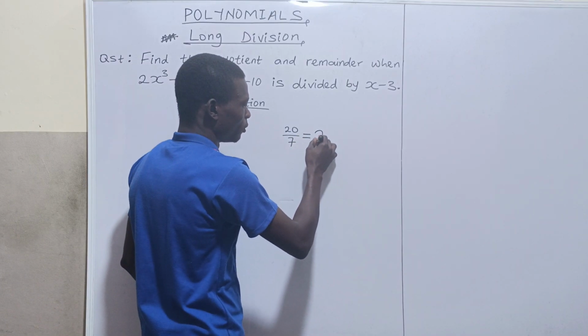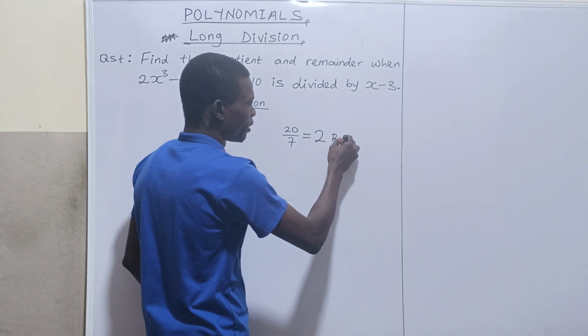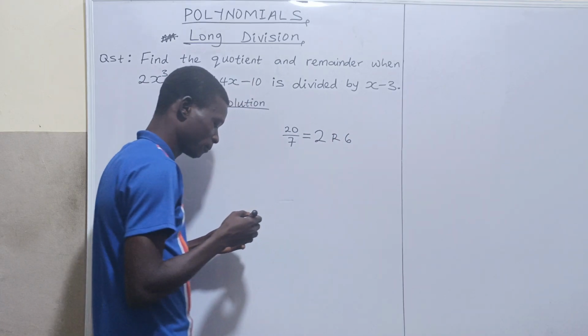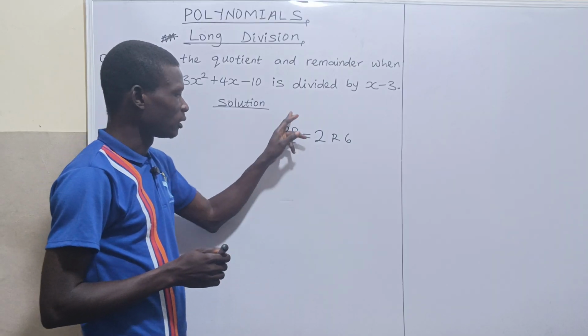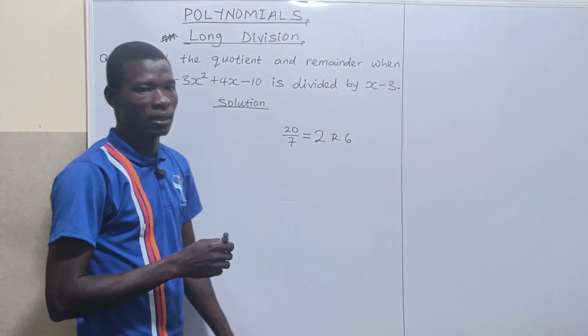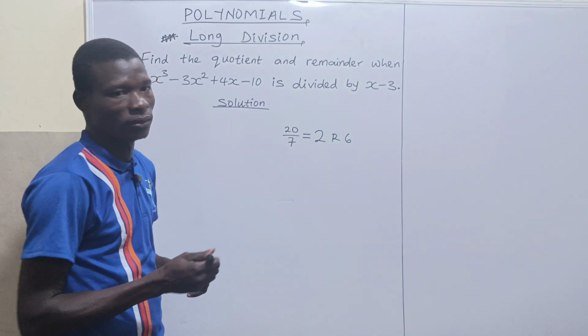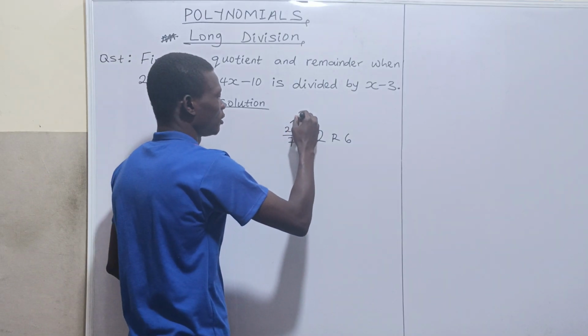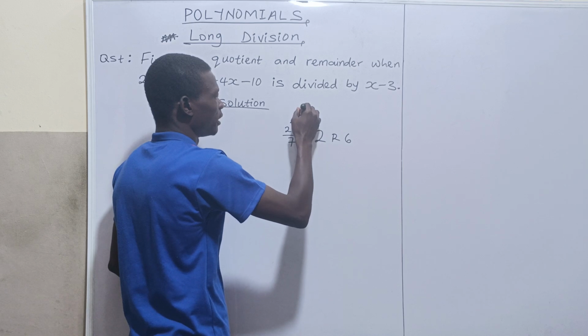It's going to be 2, leaving a remainder of 6. 20 divided by 7 is 2, remainder 6. So what is this 20 called? The 20 is called the dividend.